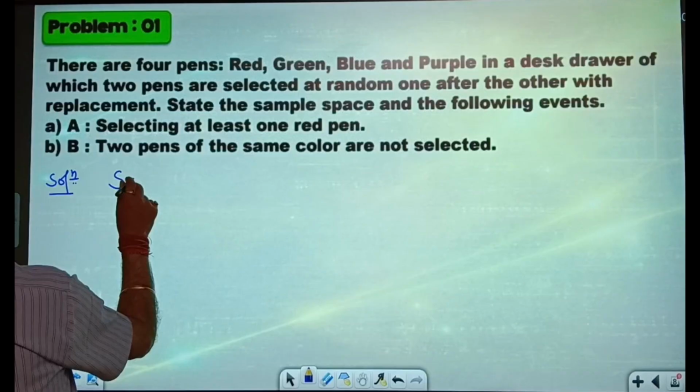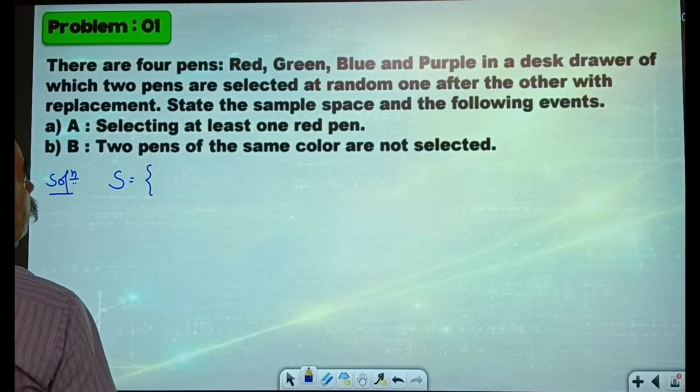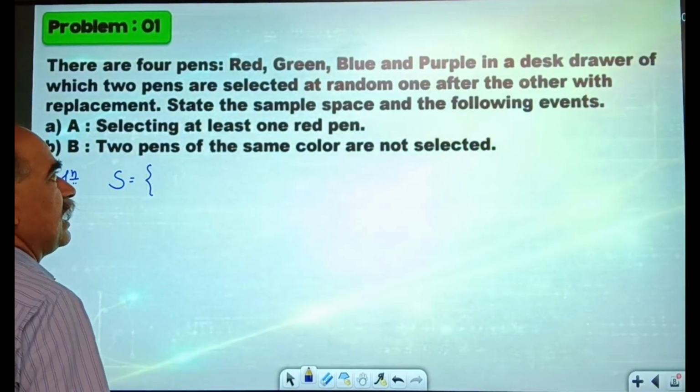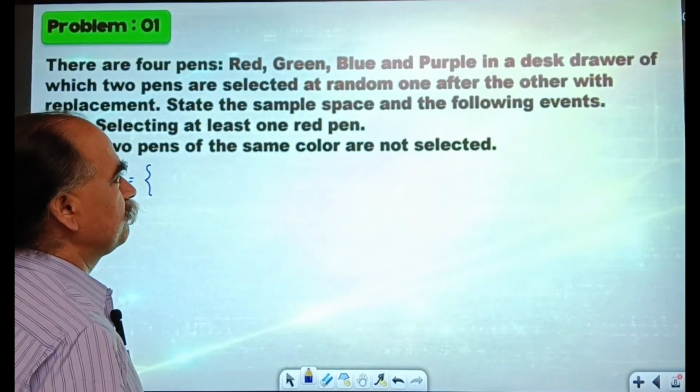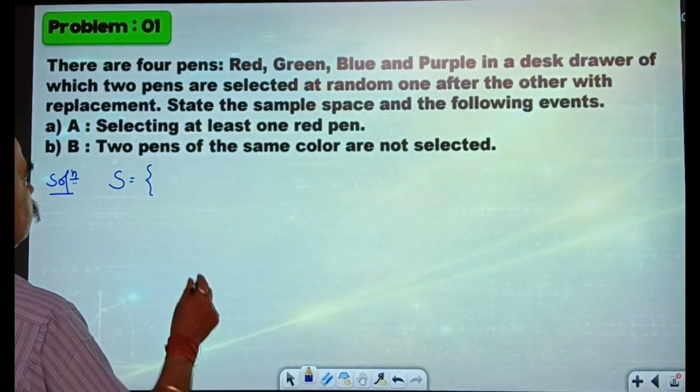So the sample space will be what? The pins are R for red, G for green, B for blue and P for purple.